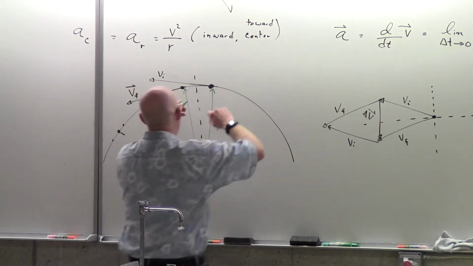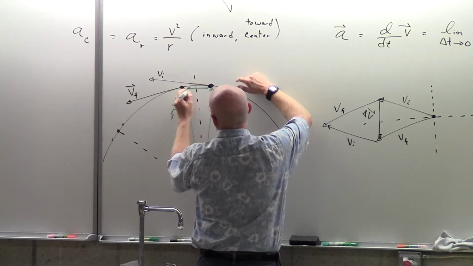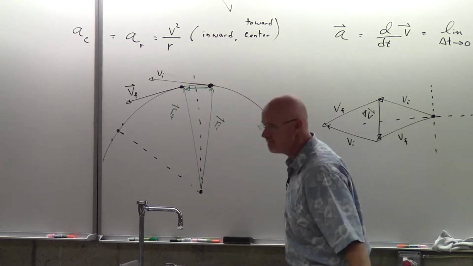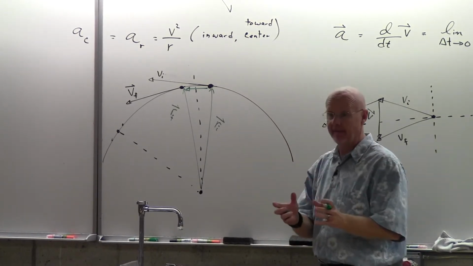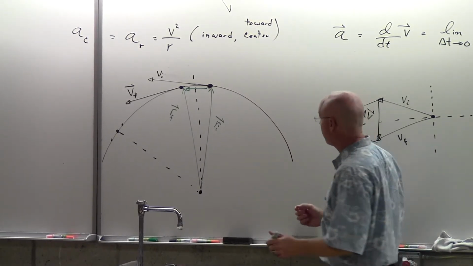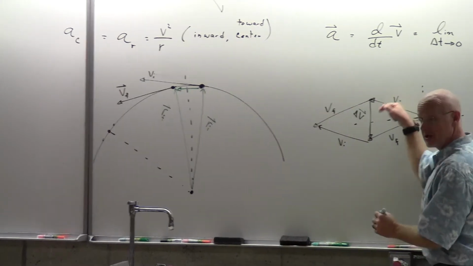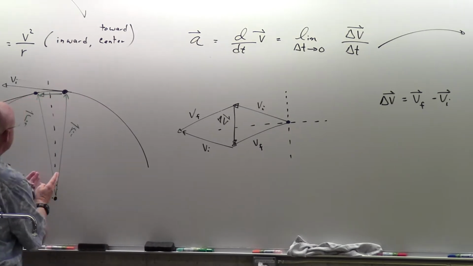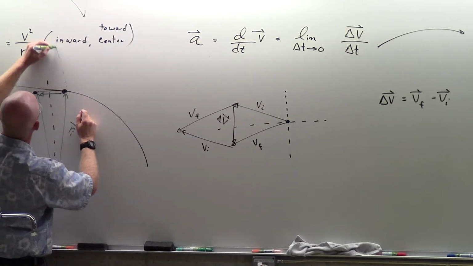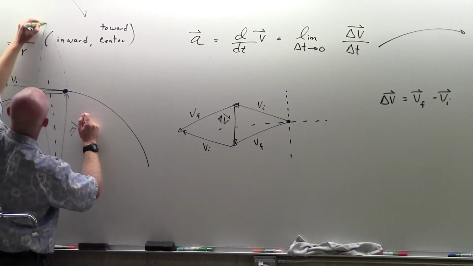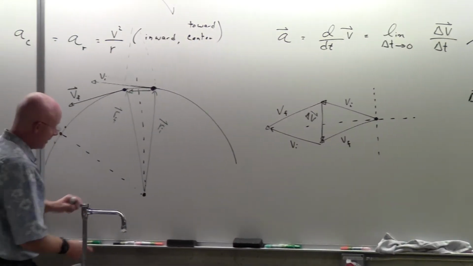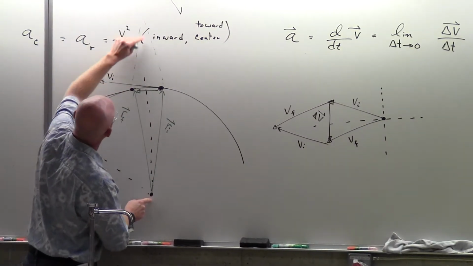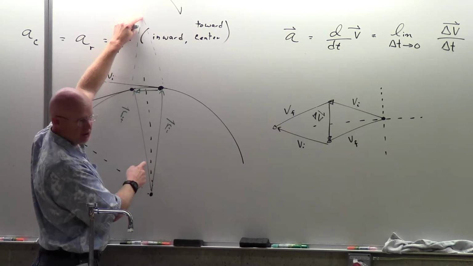If I drew an arrowhead across the top of them, what would that be? Do you see the same parallelogram here, right? I haven't drawn the complete parallelogram. The complete parallelogram would look like that, right? And along this diagonal would be the sum of those two, which I'm not interested in.